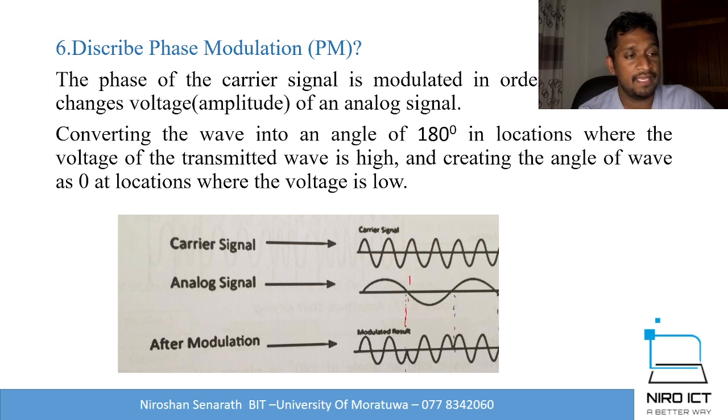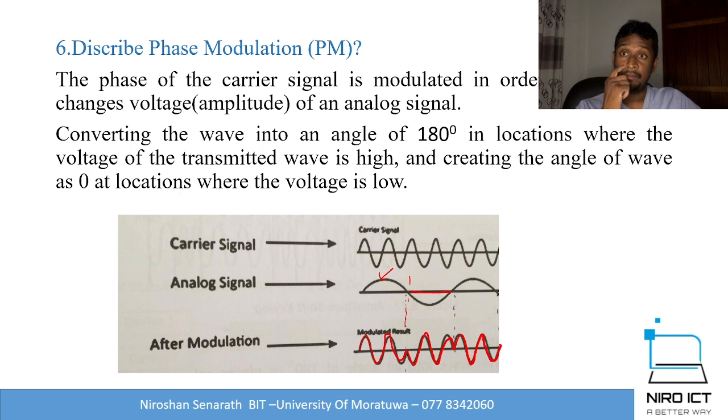Here you can see the high voltage places in the transmission wave. Here we have to change the degree of that high voltage place angle to 180. And if you find any low voltage place, then you have to start it at 0. These are the places. If you have high voltage, then you have to start it like this.